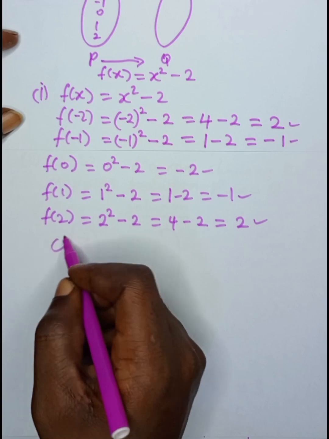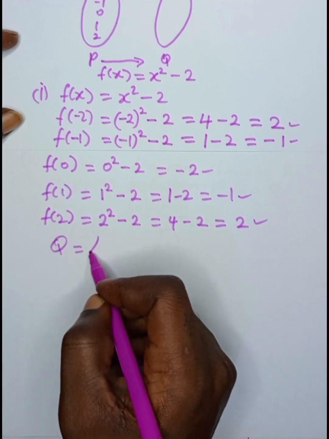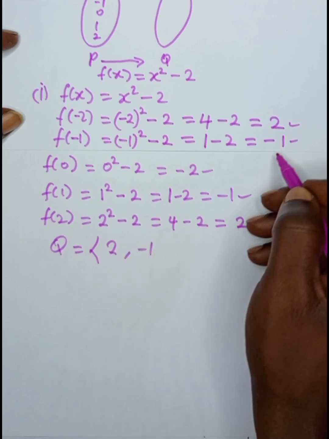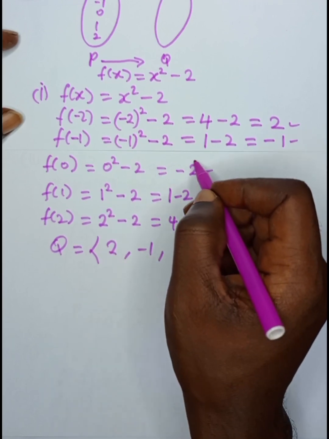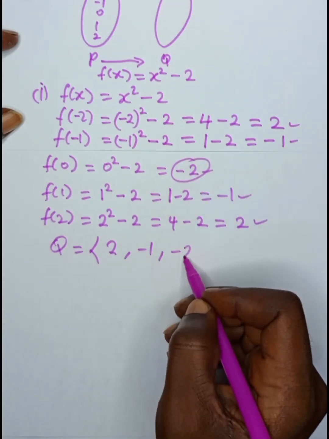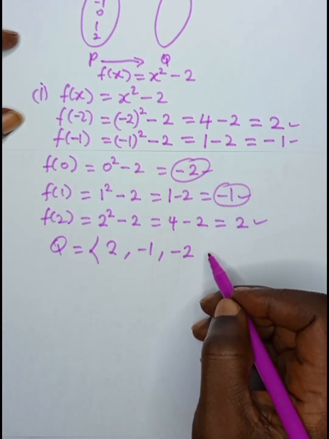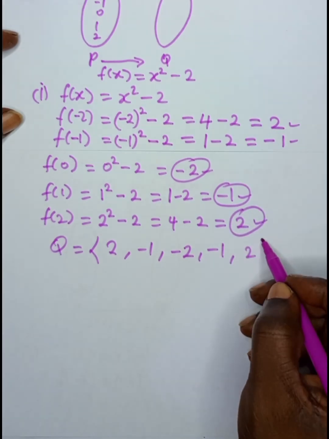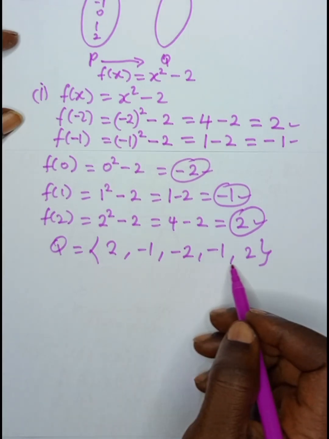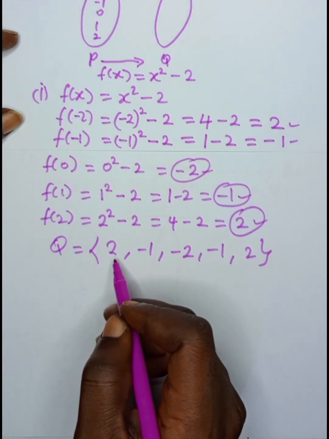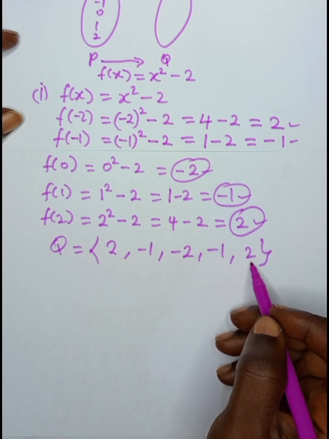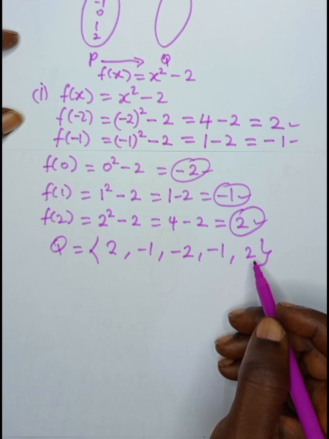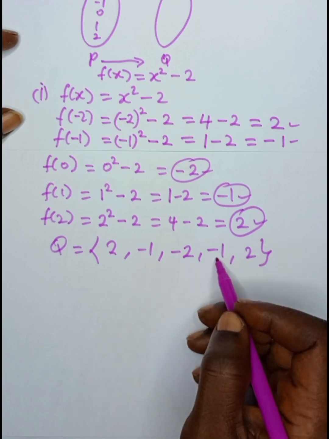So let us write the elements of Q. But we see there's no need for us to repeat the numbers, because we have 2 here and 2 is also there. So there's no need for us to repeat them in the set. -1 is there, 2 is there.